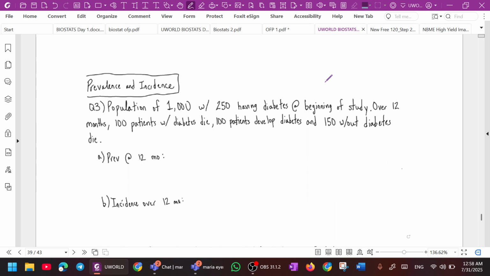And 150 also died. So 900 minus 150, that's 750.